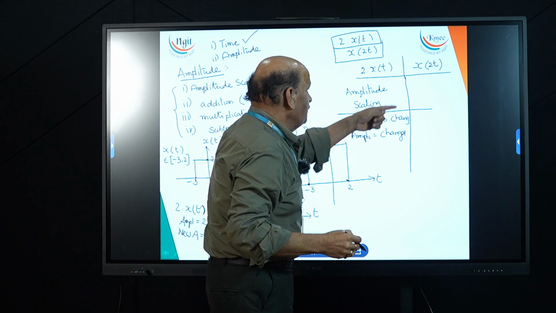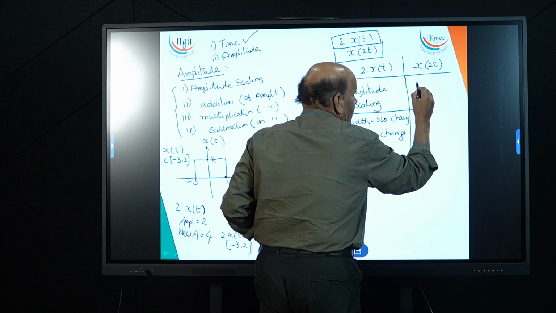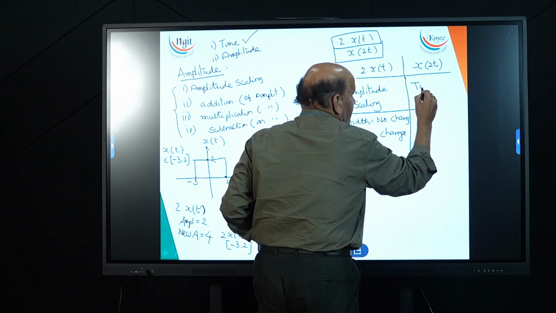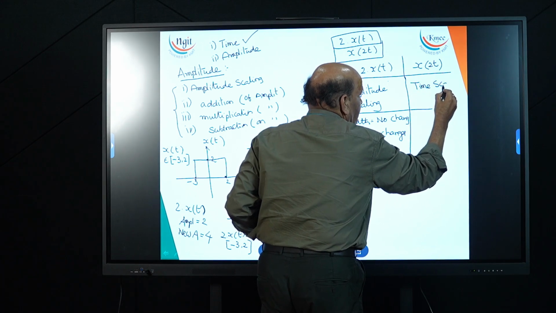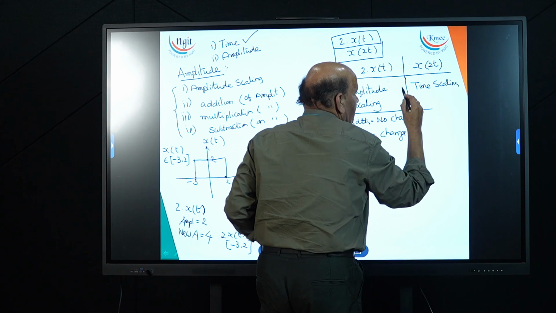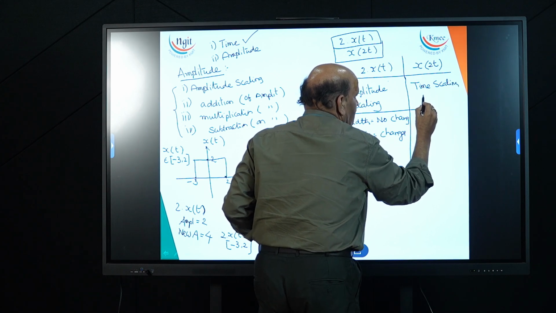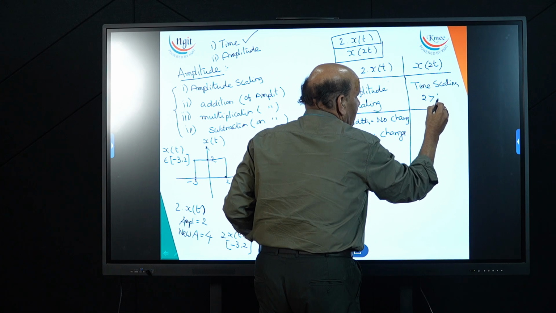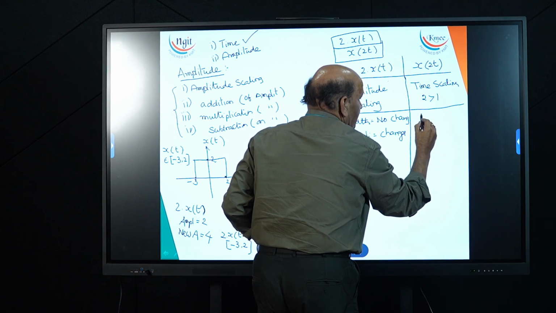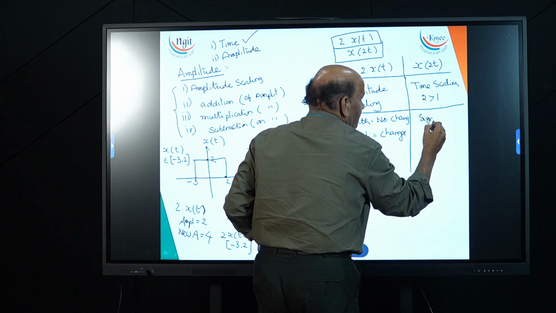Now come to this one. This is x of 2t. What is this? Time scaling. In time scaling, what is this factor 2? 2 is greater than 1. Greater than 1 means the signal will be compressed.